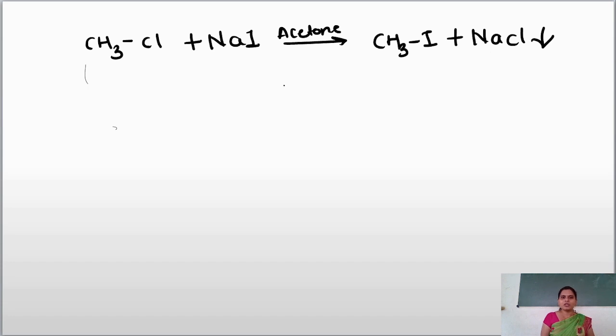So this Finkelstein reaction is mainly used for the preparation of alkyl iodide. Here we get methyl iodide or iodomethane as a product of this reaction.